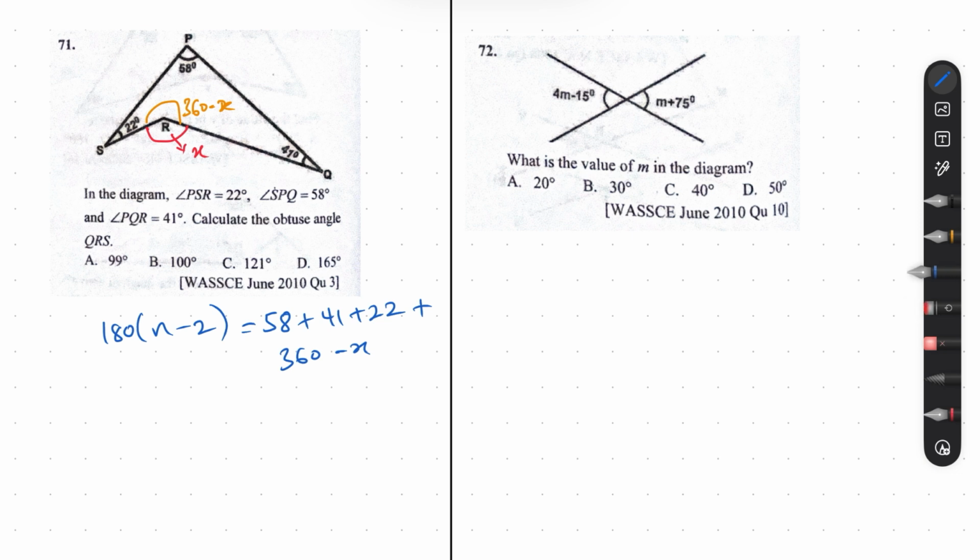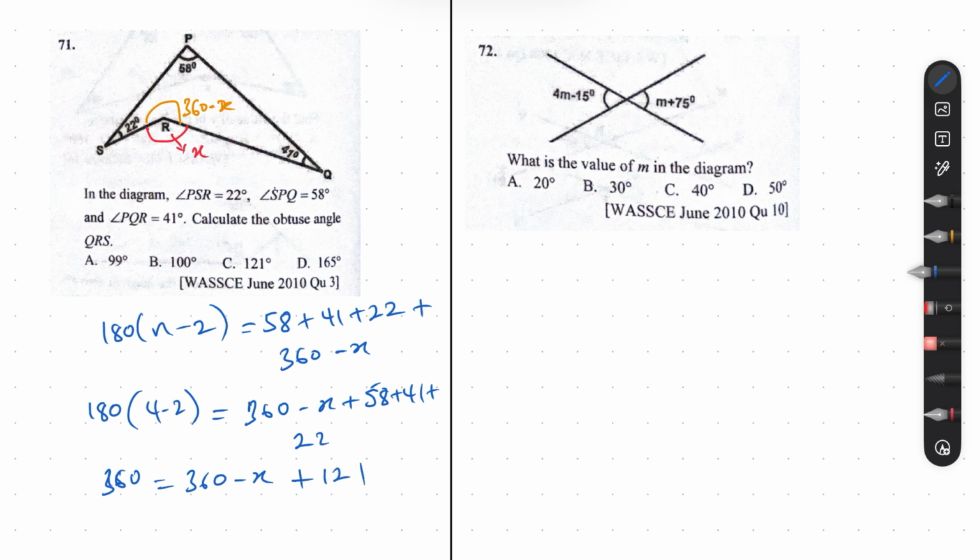So that will be 180 times 4 minus 2 equals this. 58 plus 41 will be 99, right? 99 plus 22 should give us 121. So we have 360 minus x plus 58 plus 41 plus 22, which equals 360 minus x plus 121.